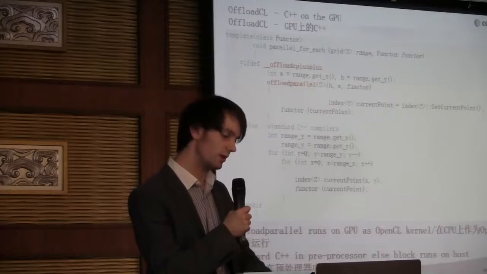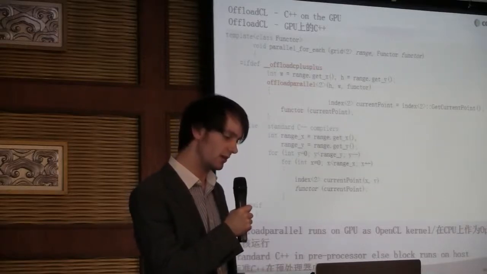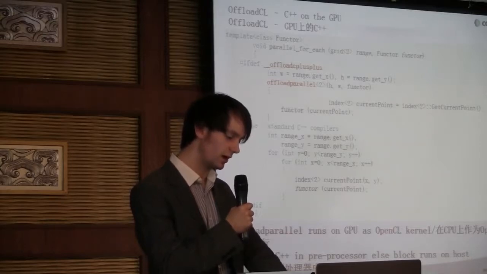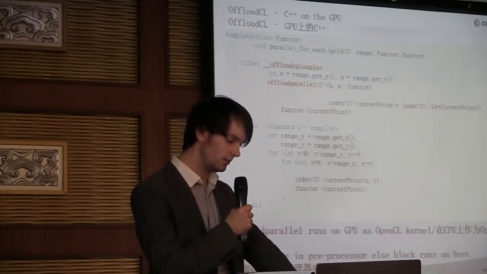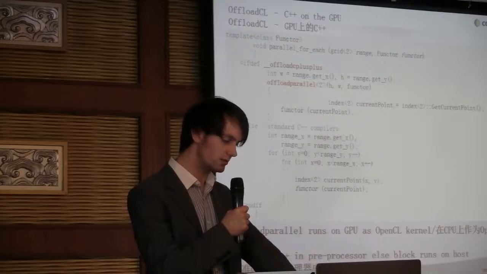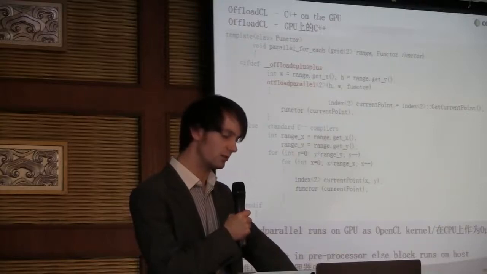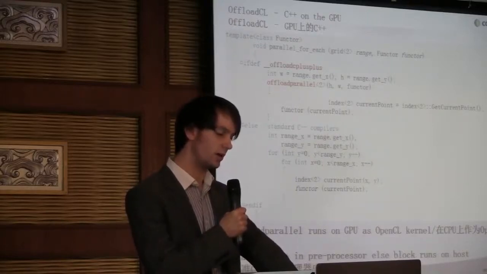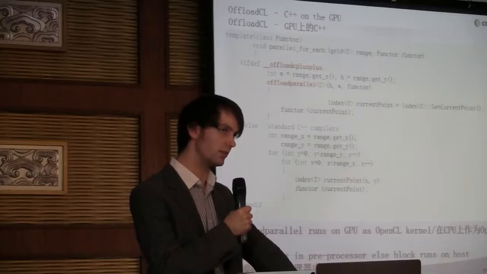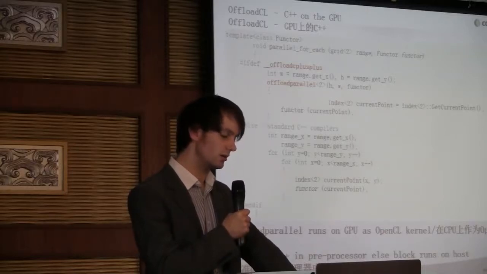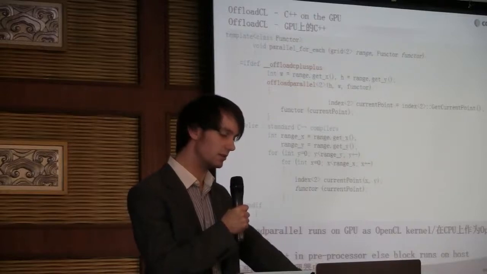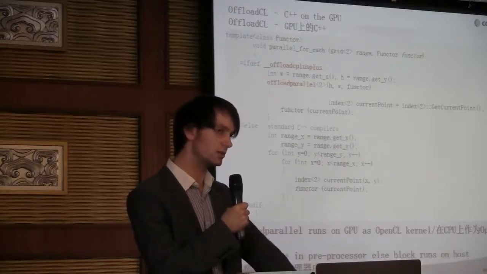The way this works in the background is, very simply, we have a keyword called offload parallel. And offload parallel runs on the GPU as an OpenCL kernel. If you compile this code with something that's not our technology, then what will actually happen is it will run on the host, and it won't run on the accelerator.